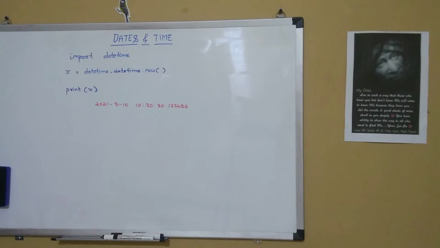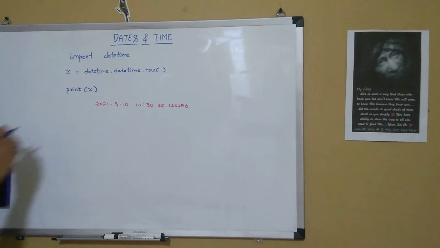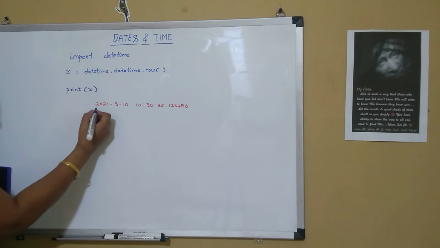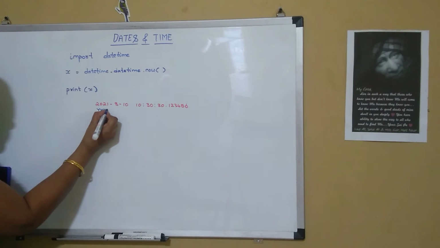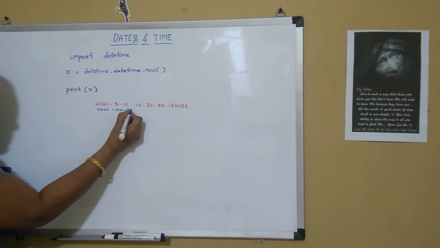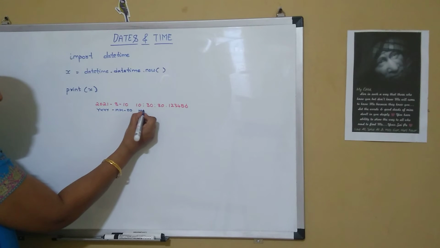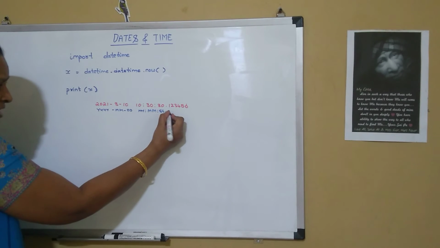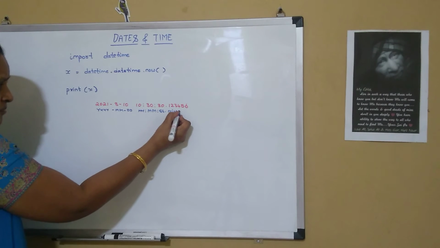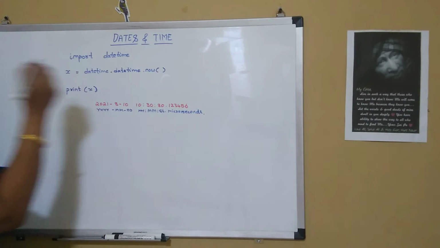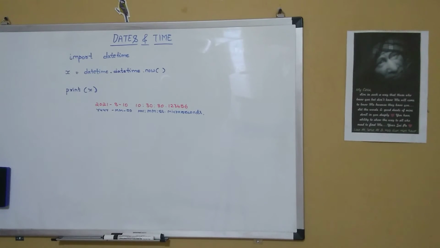So it gives the date and the time: first the year, then month, day, hours, minutes, seconds, and microseconds.